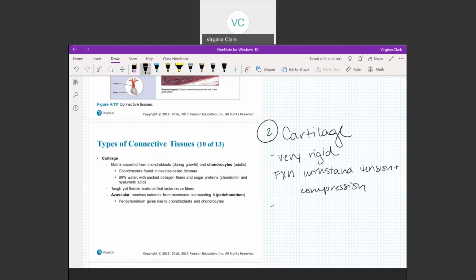This type of connective tissue does lack nerve fibers. There's essentially no sensory input coming from this connective tissue. And it is also going to be avascular. So this is the type of connective tissue proper that does not have a blood supply.